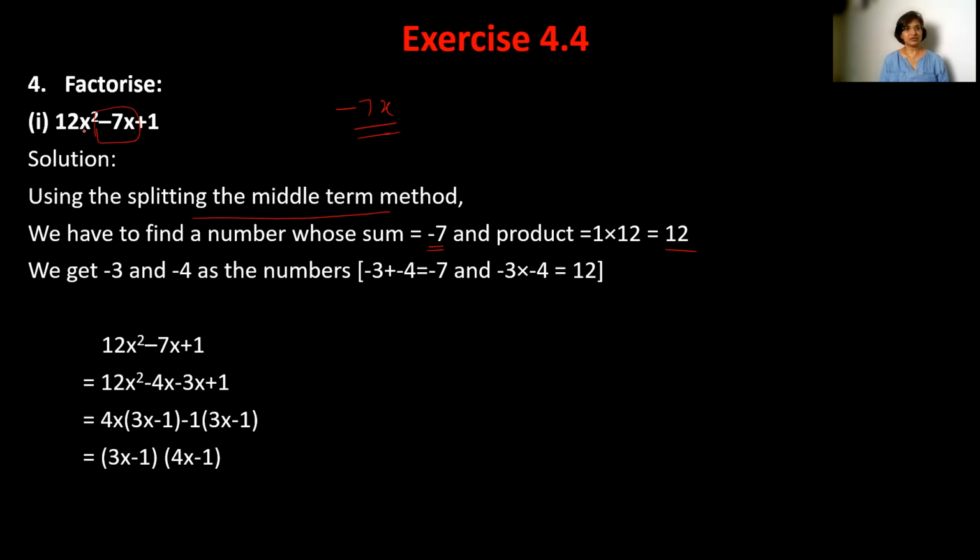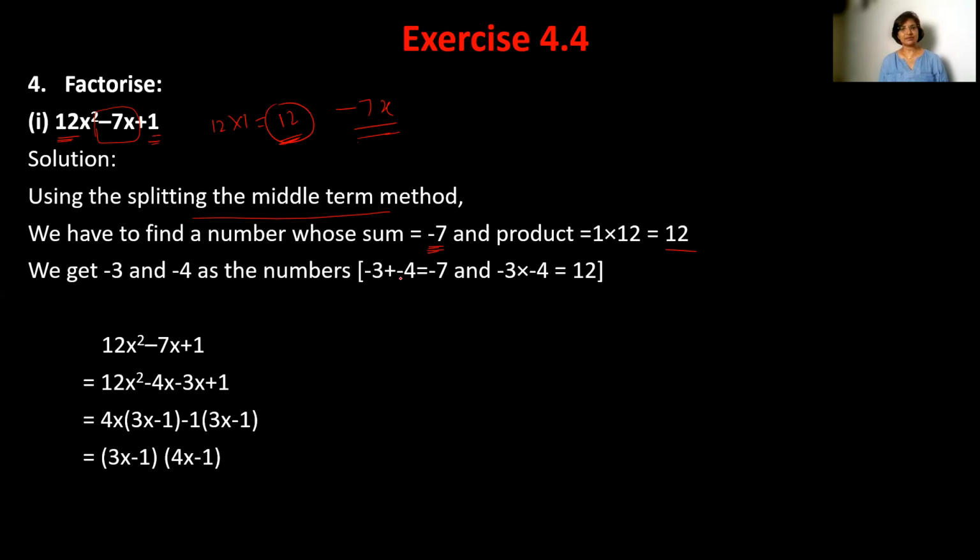For that, check the coefficient of x square and this constant and multiply these two numbers. That product should come from the two numbers you are splitting to make minus 7. Clear? So here we get minus 3 and minus 4 as the numbers.